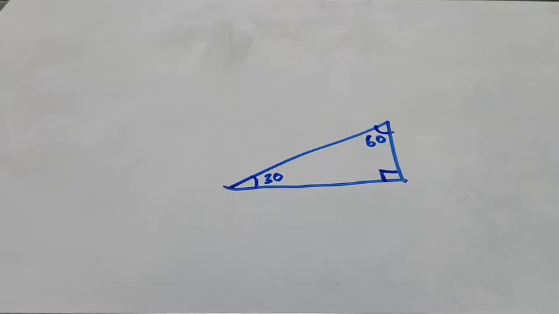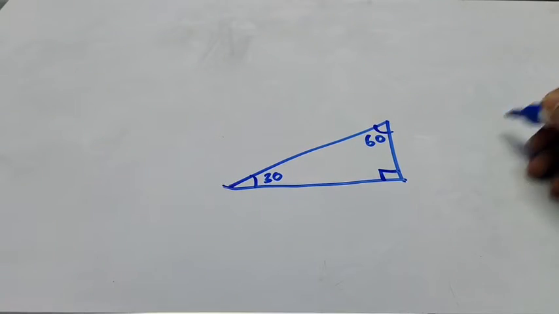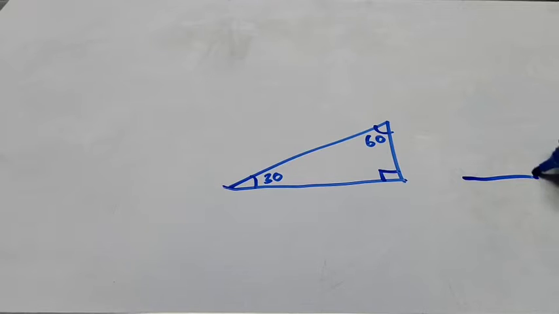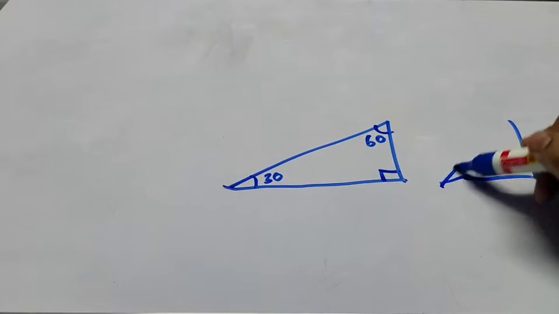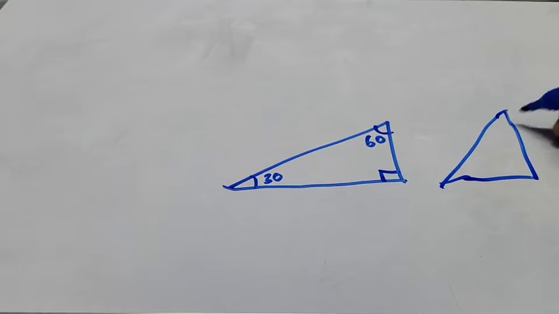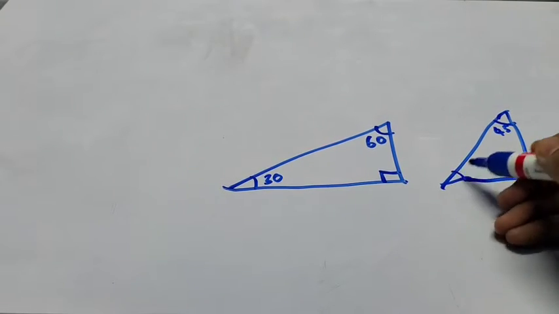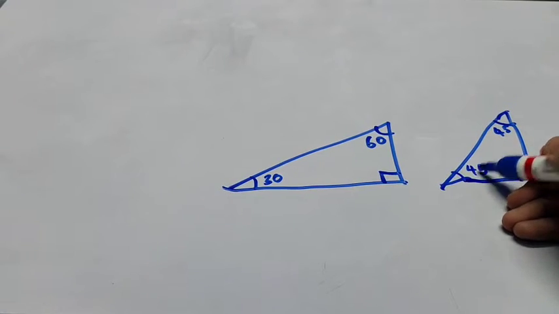Okay, and there is one more triangle. It is the 45 45 90 triangle, which I'll draw just here for you, where this is 90, this is 45, and this is also 45.